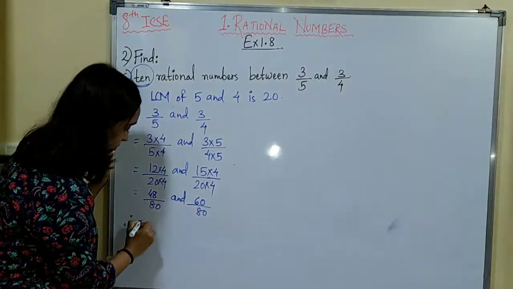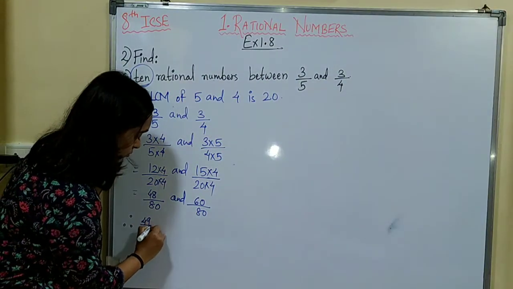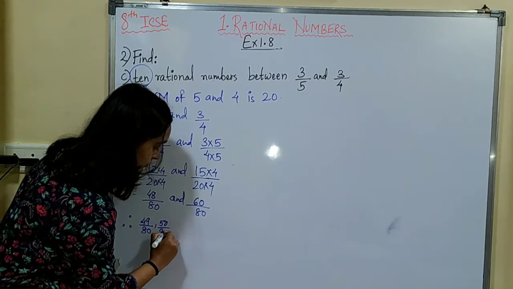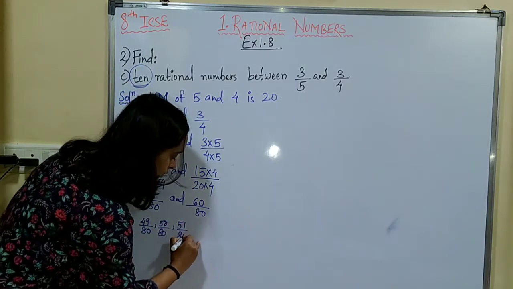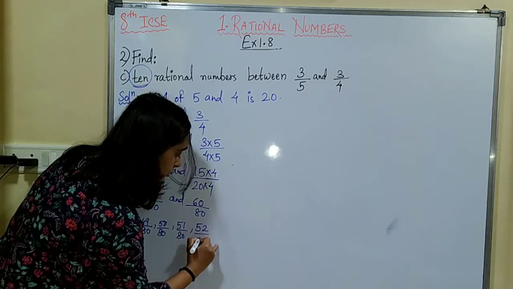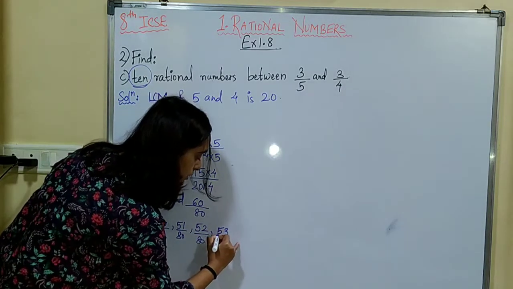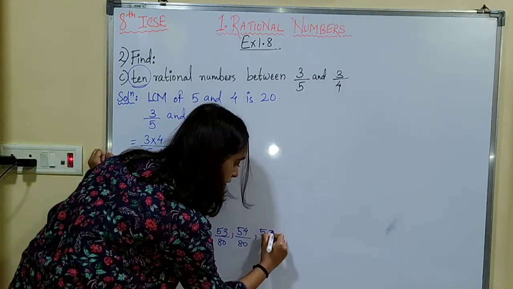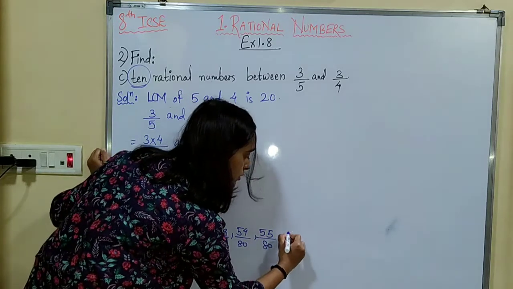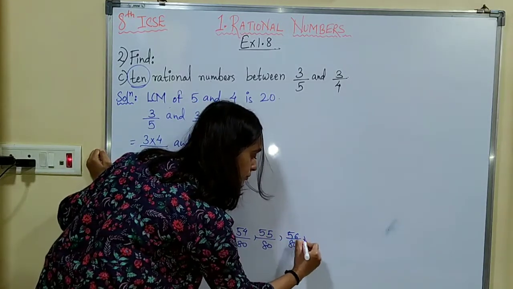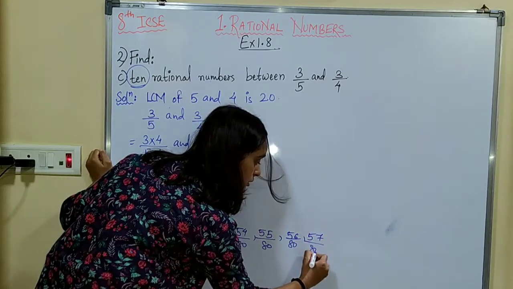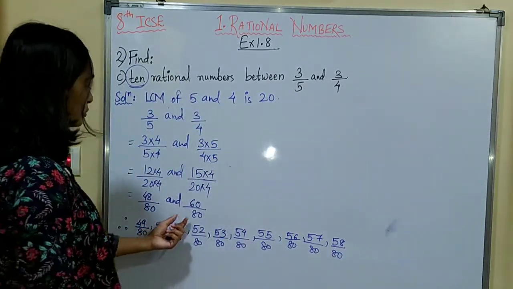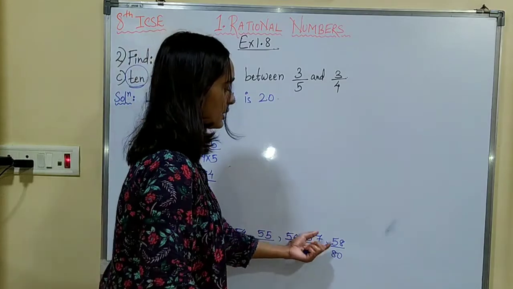Therefore 49 upon 80, 50 upon 80, 51 upon 80, 52 upon 80, 53 upon 80, 54 upon 80, 55 upon 80, 56 upon 80, 57 upon 80, and 58 upon 80. 1, 2, 3, 4, 5, 6, 7, 8, 9, 10.